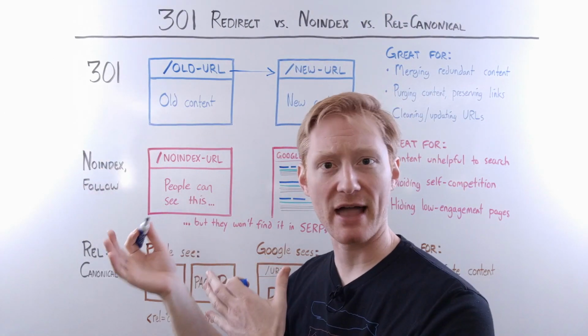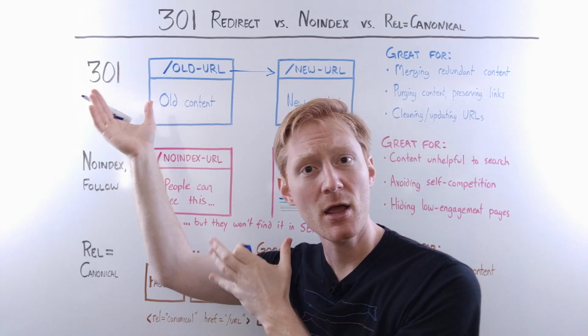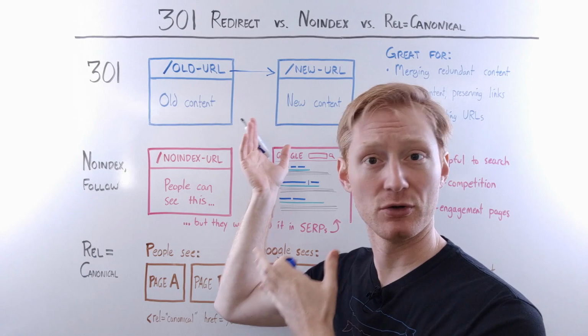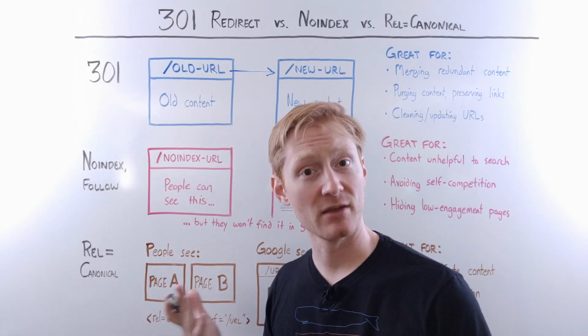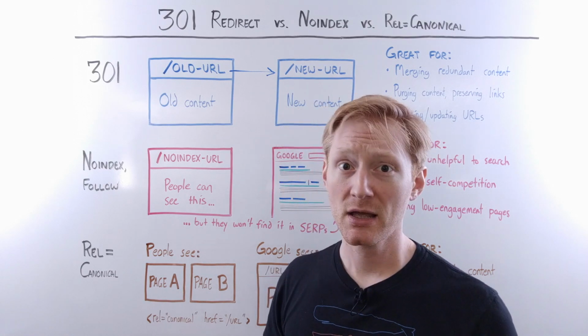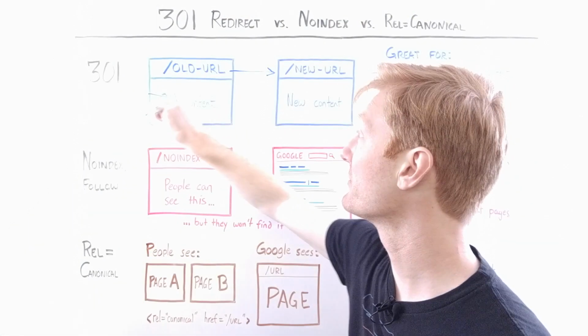It's a redirect. This means that anyone who types in that old URL will just be pushed right to that new URL. Now, what does that mean about the content that was at the old URL? Well, unless you move it somewhere else, then that's not going to get found.